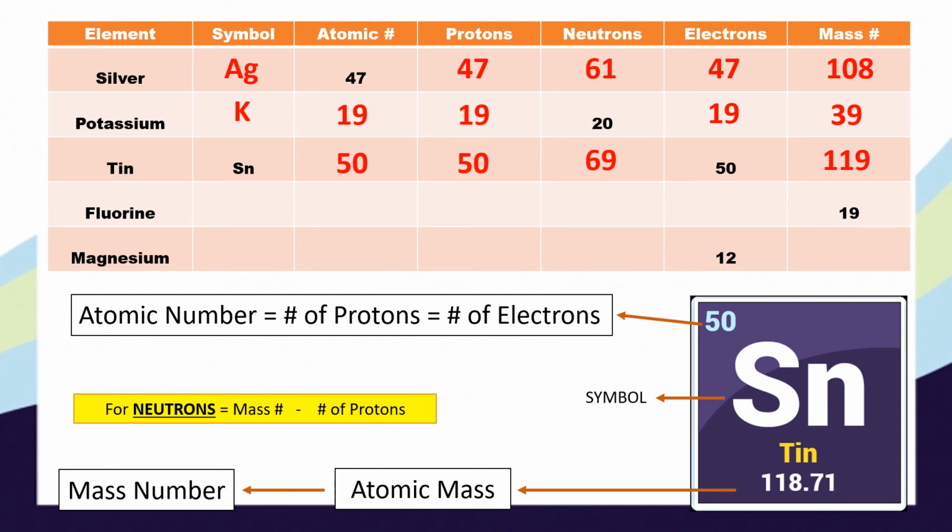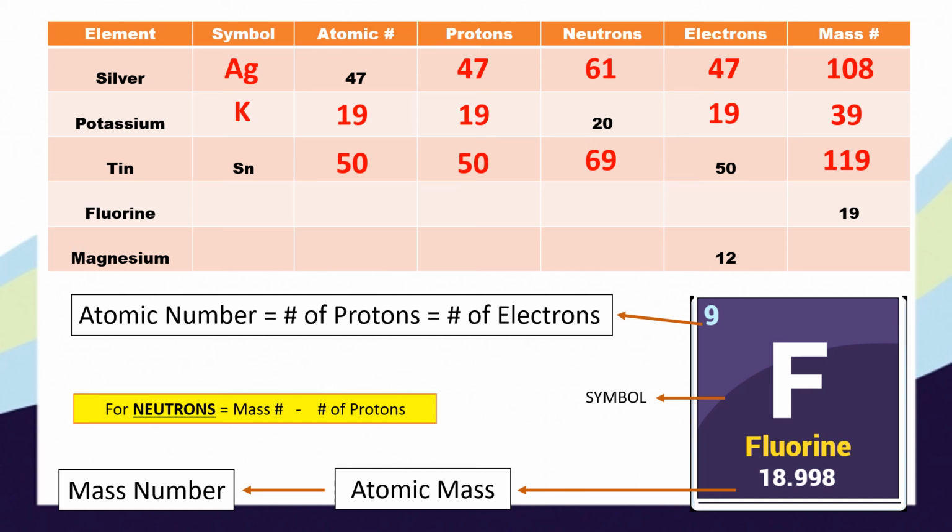So time's up. Let us check your answer for the element fluorine. Fluorine with the symbol of F. It has an atomic number of 9. Therefore, the proton is also 9 and the electron is also 9.